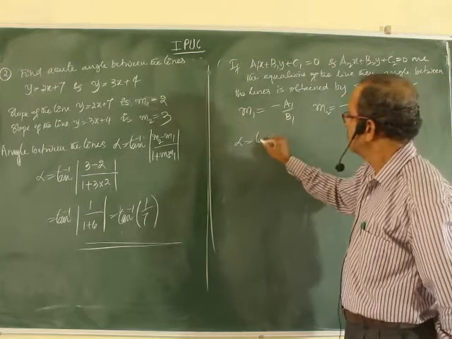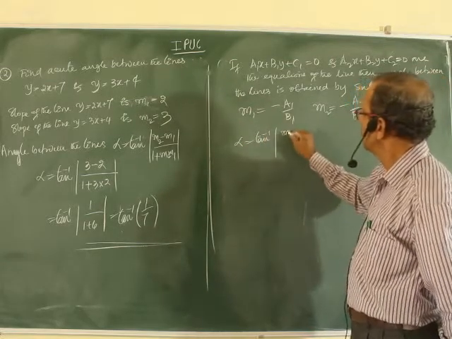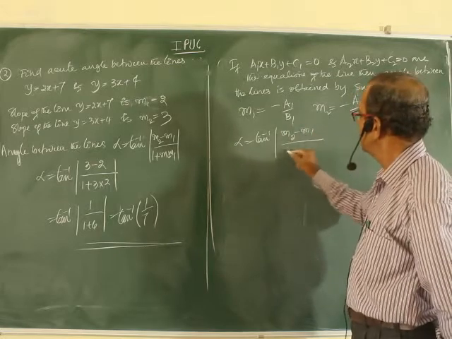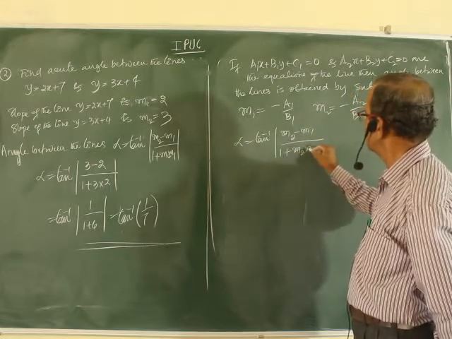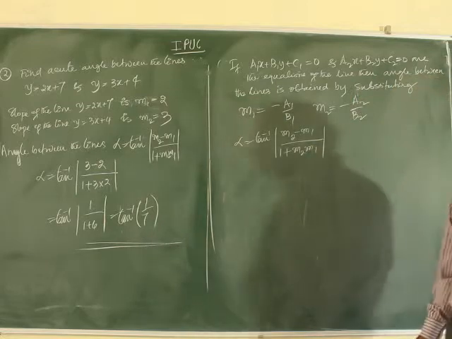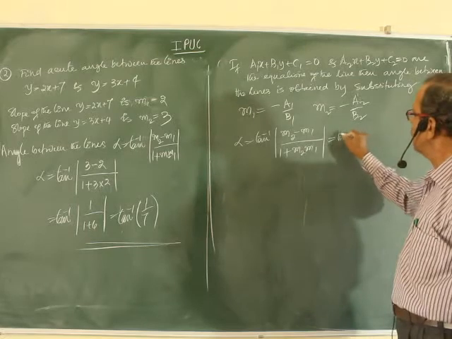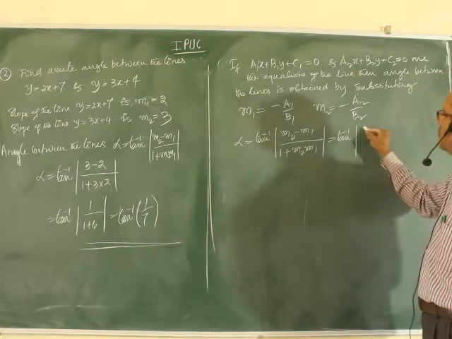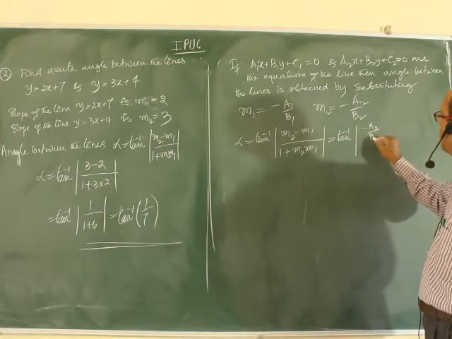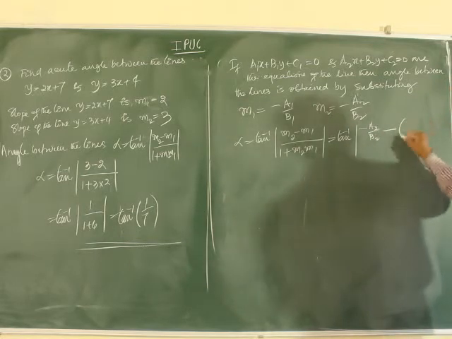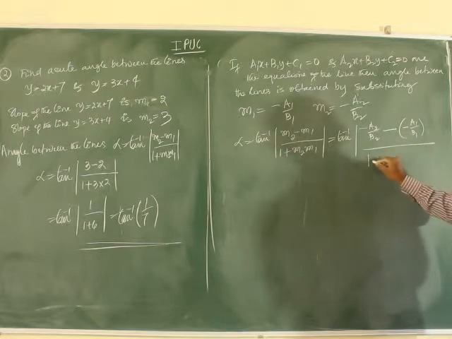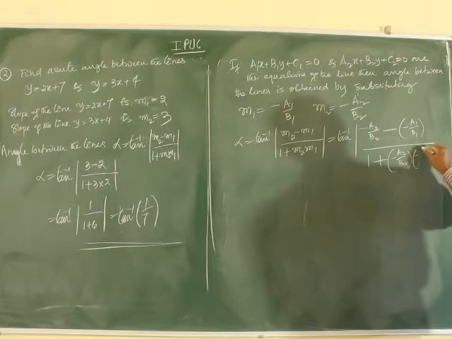Alpha equal to tan inverse of m2 minus m1 by 1 plus m2 m1, which is tan inverse of minus a2 by b2 minus minus a1 by b1 divided by 1 plus minus a2 by b2 into minus a1 by b1.